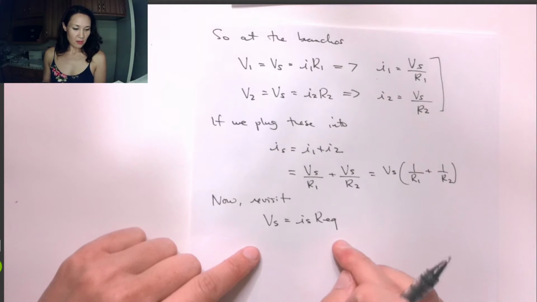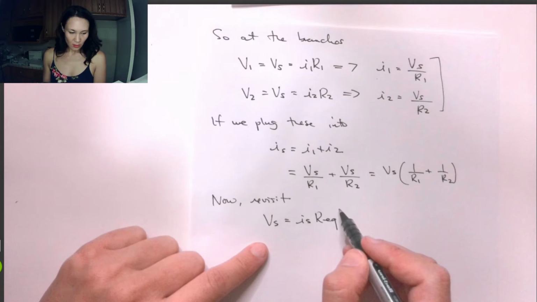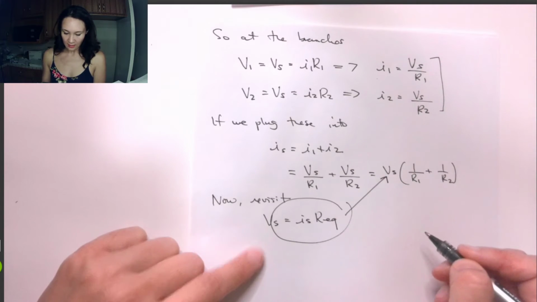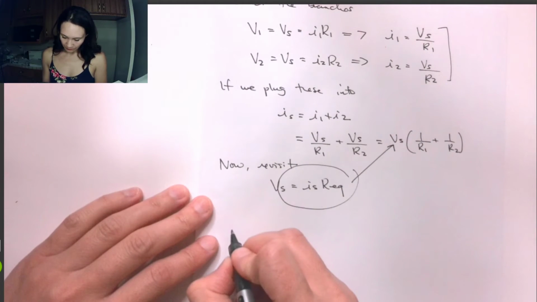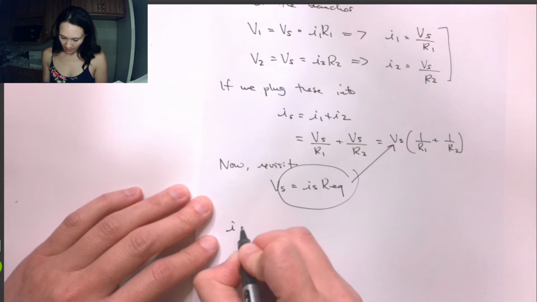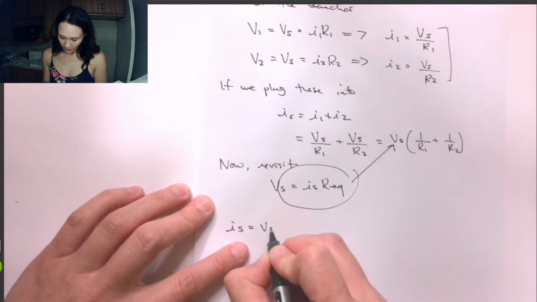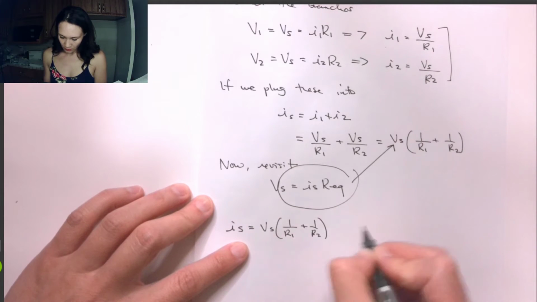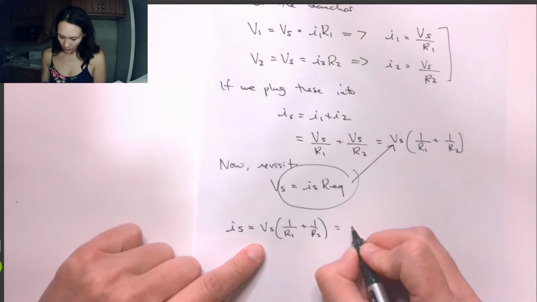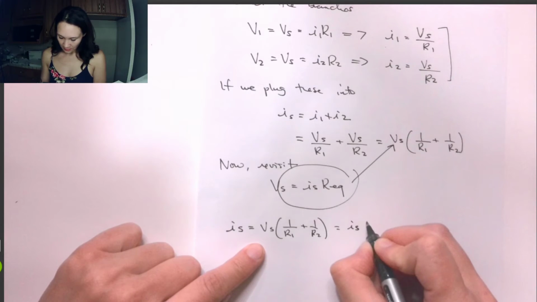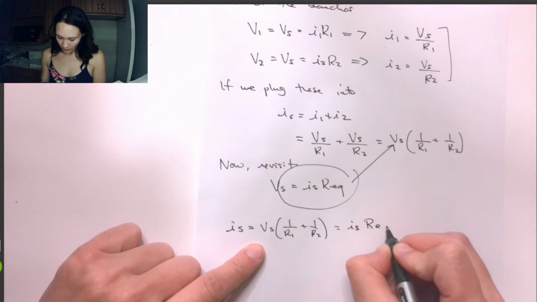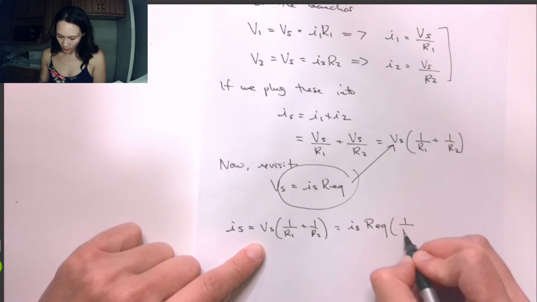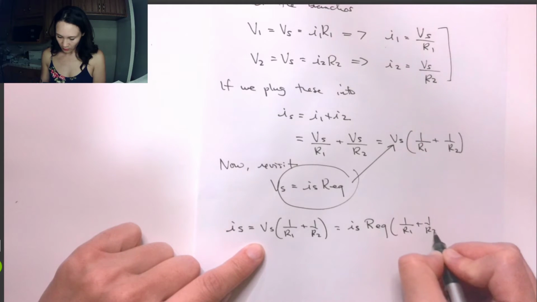So if we plug this into that Vs, here's what we get. Is is equal to Vs times 1 over R1 plus 1 over R2. We make our substitution and we get this is equal to Is times R equivalent times 1 over R1 plus 1 over R2.